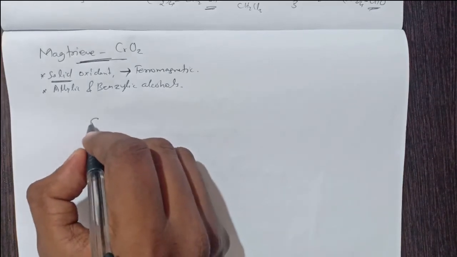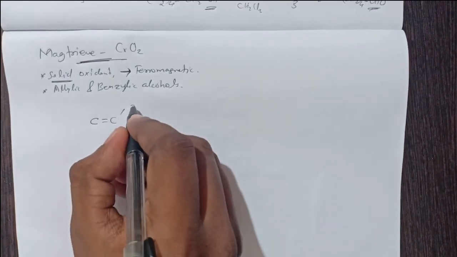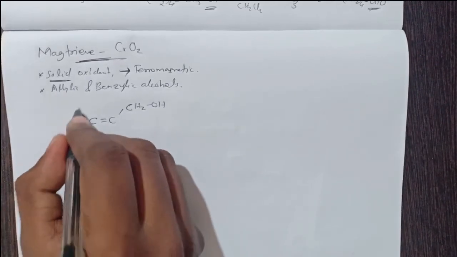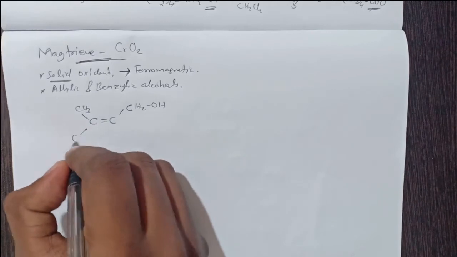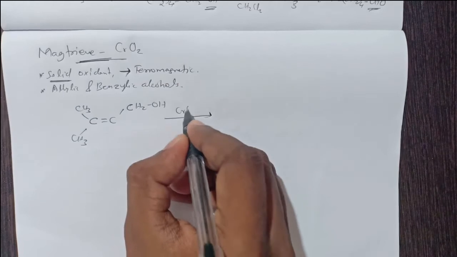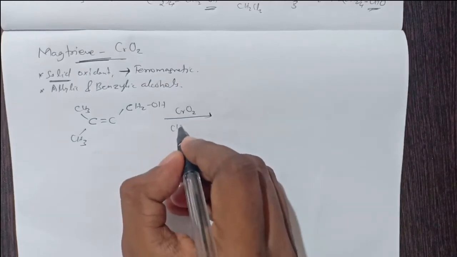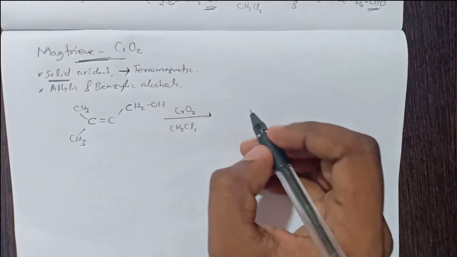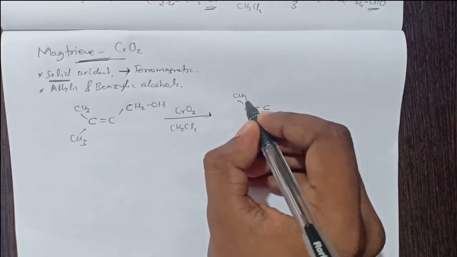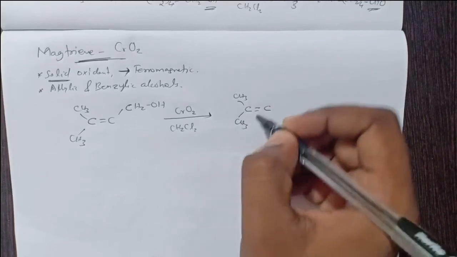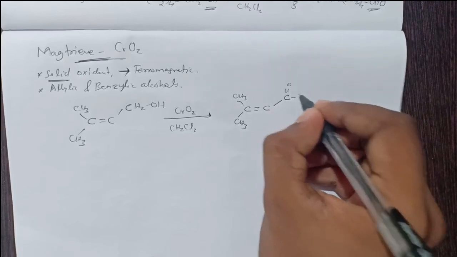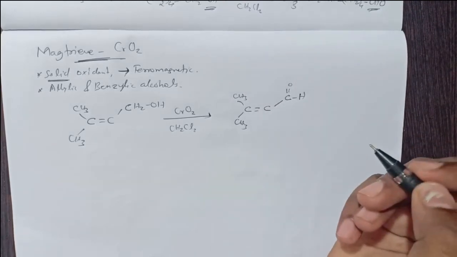For example, consider this allylic alcohol. This is CH3, this is CH3. This on reaction with magtrieve CrO2 in presence of the solvent dichloromethane, the product formed will be CH3, here also CH3, and here CHO, that is an aldehyde is formed as the product.